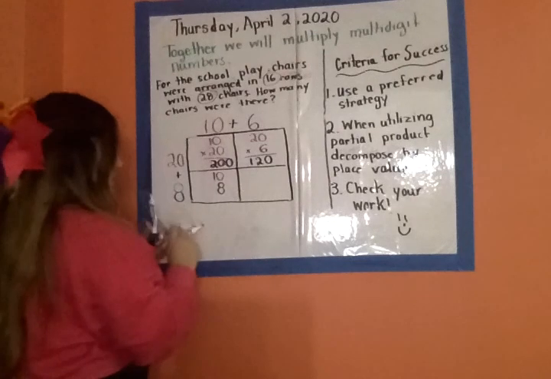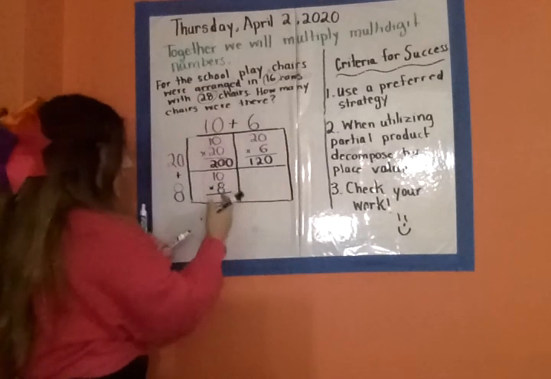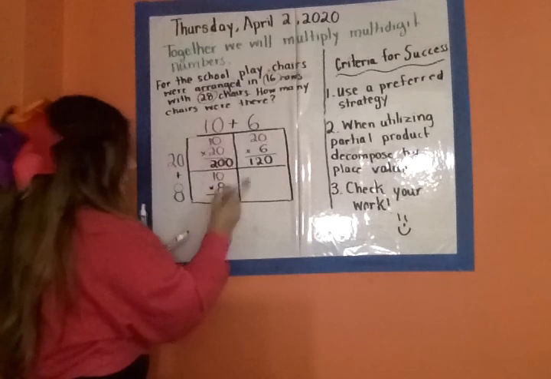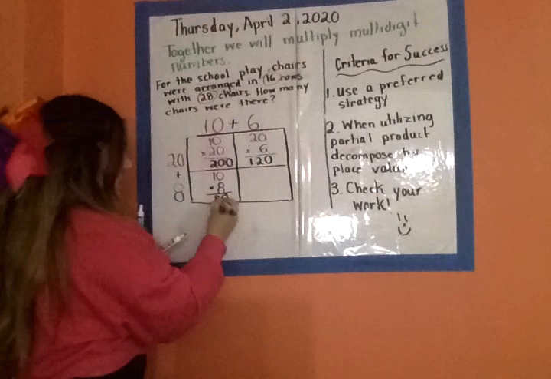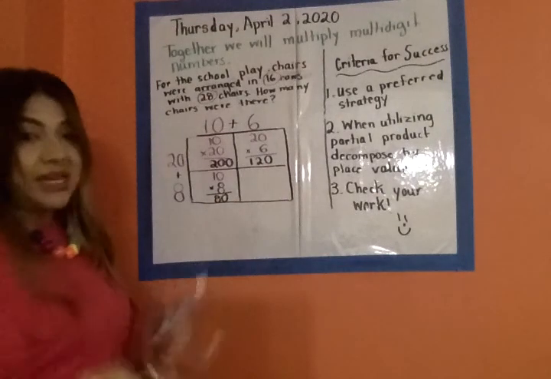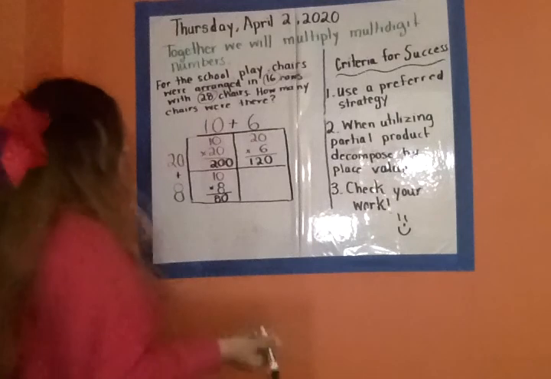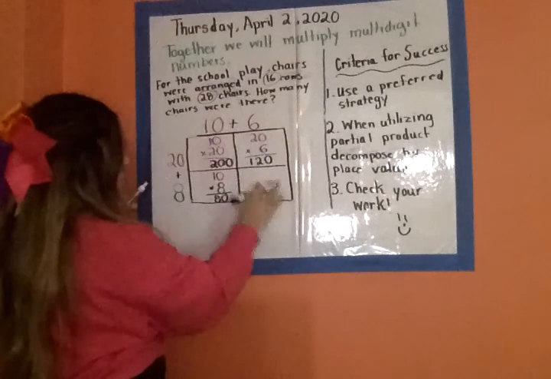Again, friends, if it helps you to use the zero strategy, go ahead. I know 8 times 1 equals 8. And then how many zeros? 1. We can also just simply think, well, 10 times 8 I also know is 80, right?